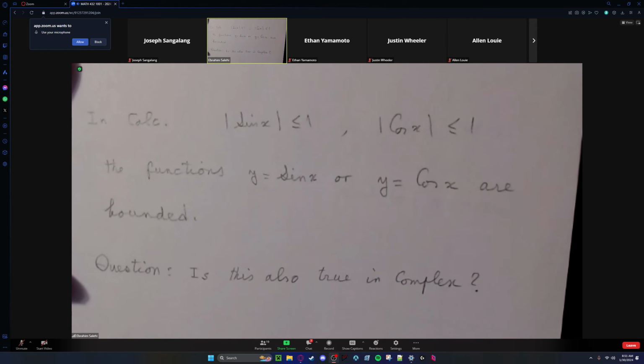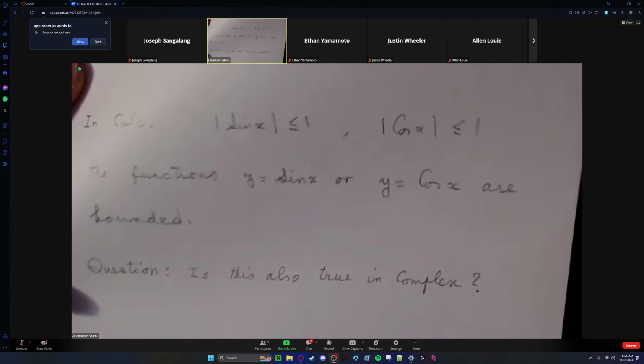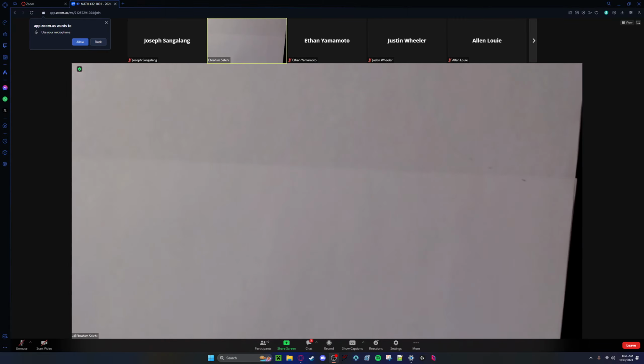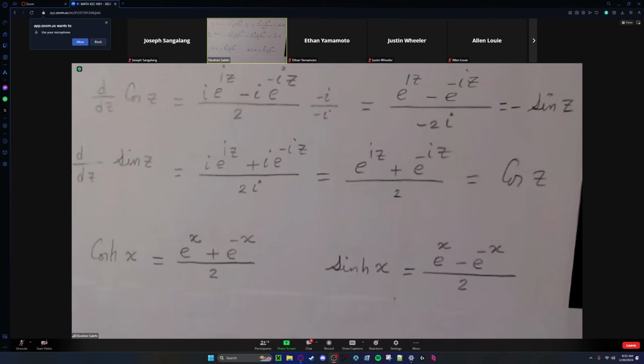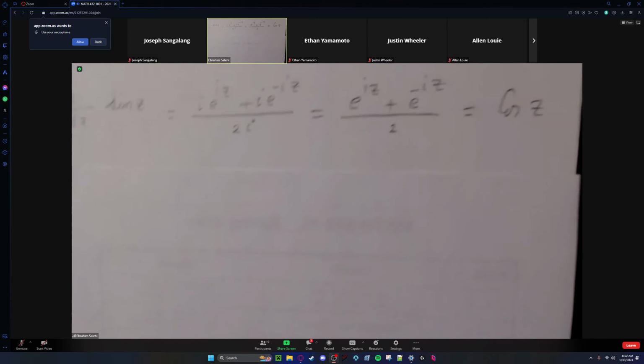As you will see, the answer is no, it's not true. But in order to prove that, you have to go through certain, oh, just remind you of two functions from calculus, which we call cosine hyperbolic and sine hyperbolic, all right?